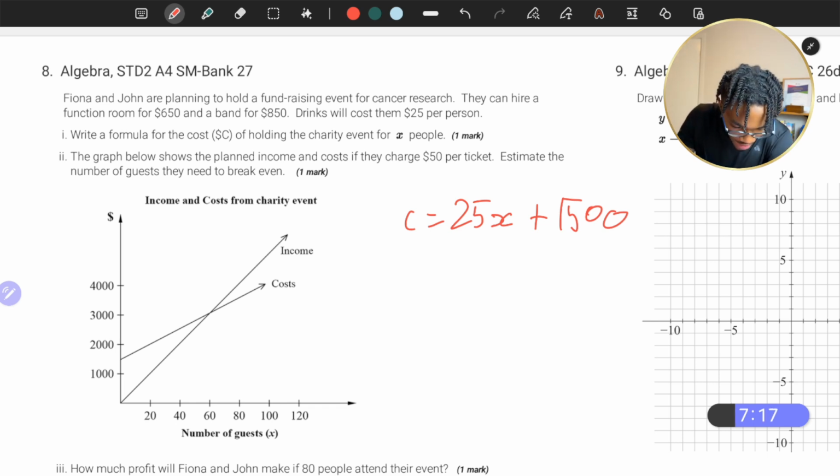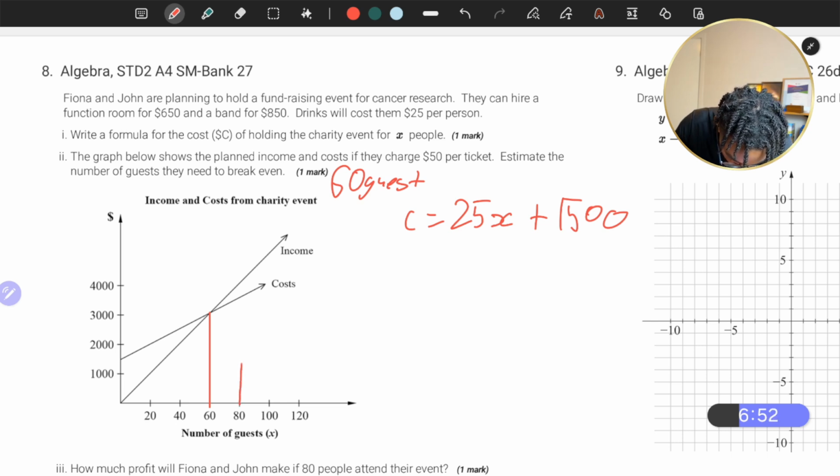The graph below shows the planned income and the costs if they charge $50 per ticket. Estimate the number of guests needed to break even. Just here, draw a line down. It's about 60 guests. How much profit will Fiona and John make if 80 people attend? Estimating here, draw a line up from 80, obviously use a ruler, and go across.